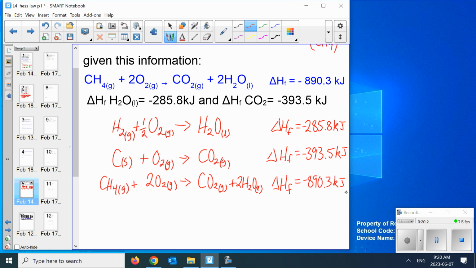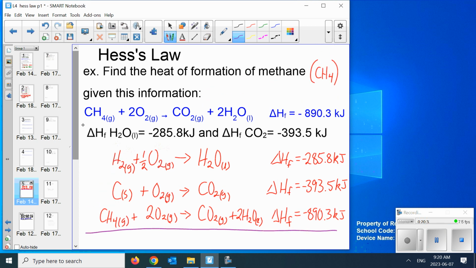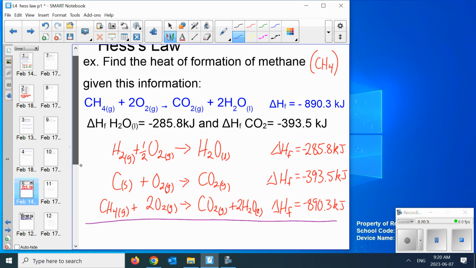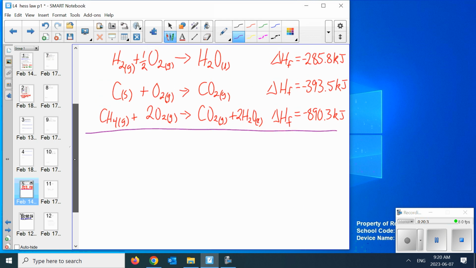I'm going to do it in a different color here. What our target equation is: find the heat of formation of methane. That's our target equation. When I say target, that's where we want to find the information.